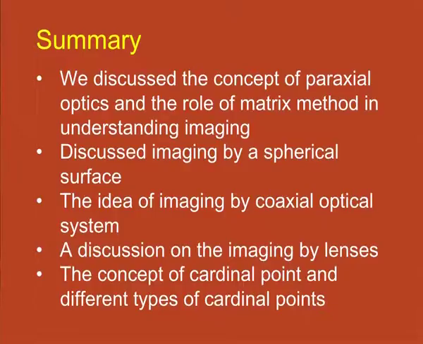And once we knew about the image formed by these two types of system, we went on to discuss the image formed by lenses, which are an integral part of any optical system that we have in our world. Then finally, we discussed the important concept of cardinal points, which consists of 3 pairs of points on the optical axis.